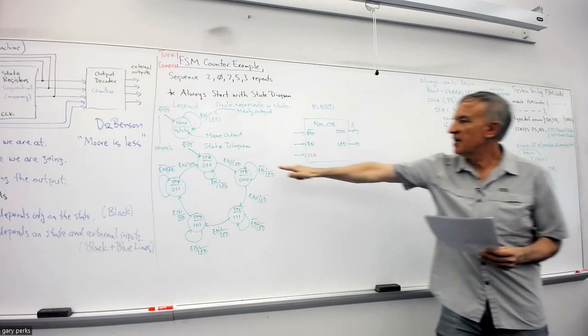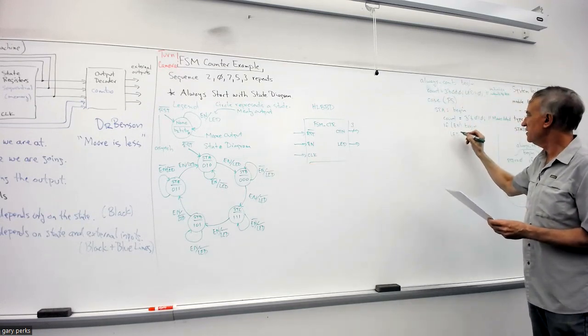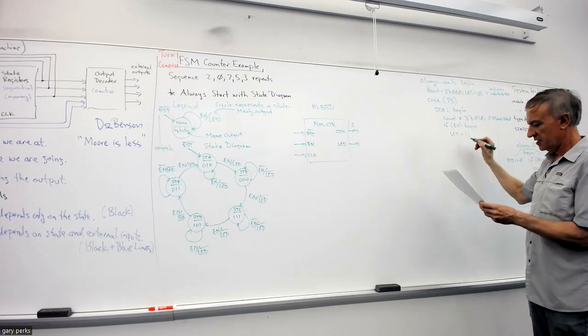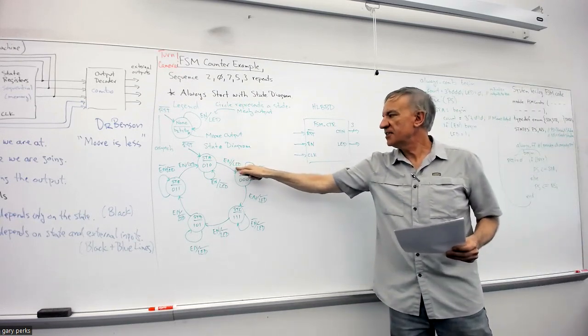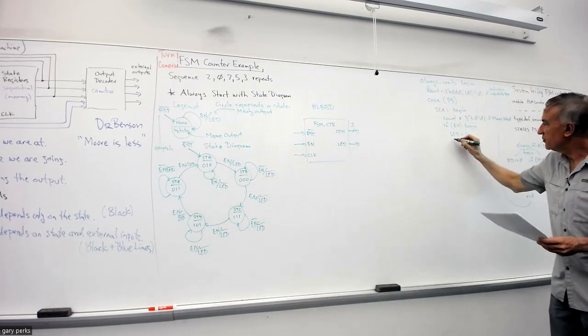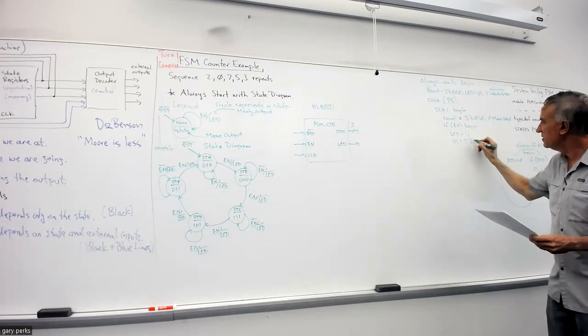Then LED equal to 1. And if it's enabled, not only does the LED light, but I go to state B, so that's where I put next state equal to state B.